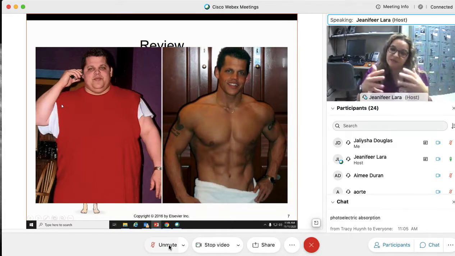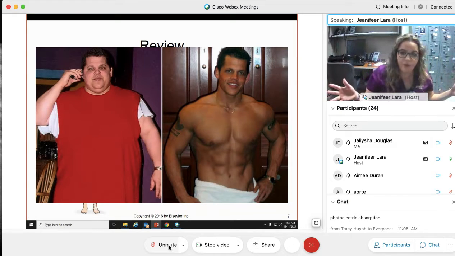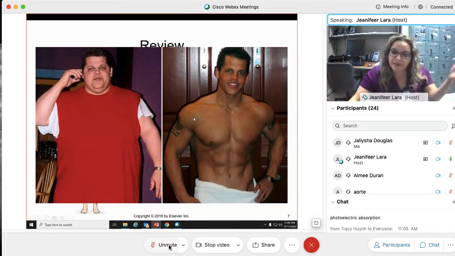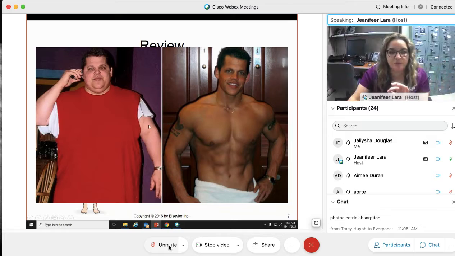But adipose is soft tissue, right? Here, he has transformed himself, one is an after and one is a before, with more compact tissue, where we went from soft tissue to compact tissue because it is now more muscle.